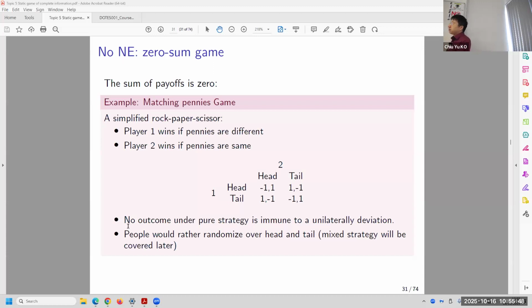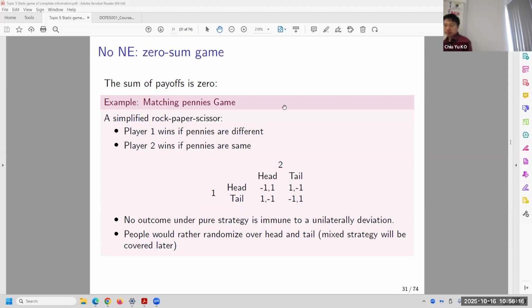If the coins both of them take out show the same face, either both head or both tail, then player one wins $1. And if they're different, then player two wins. So imagine you take out $1 from the pocket, and whether you show it head or tail.